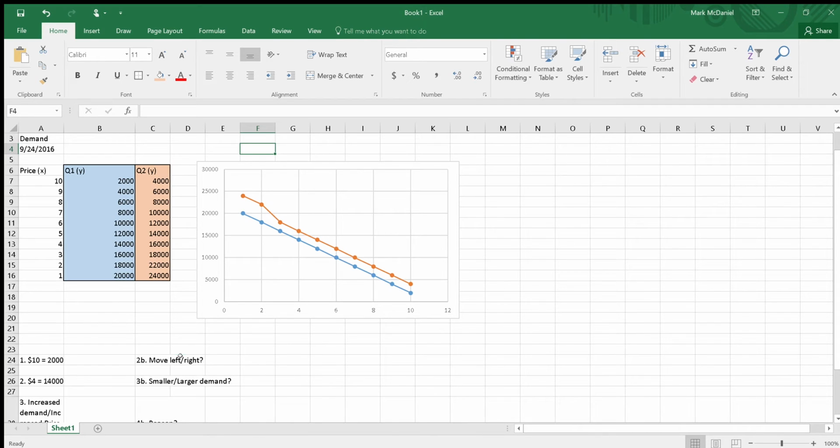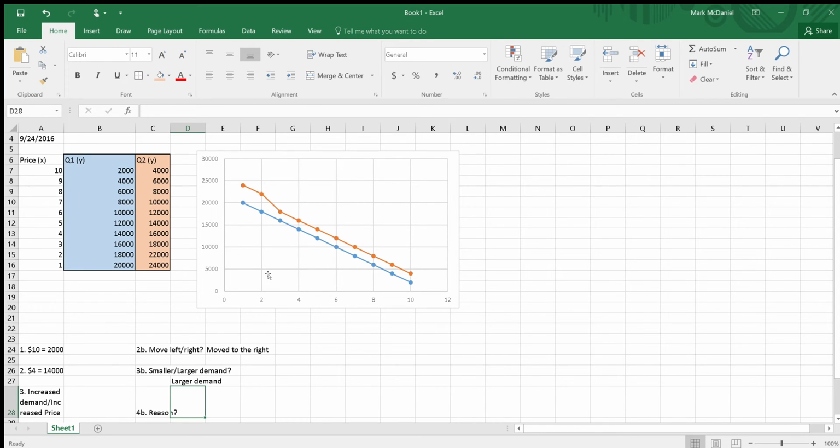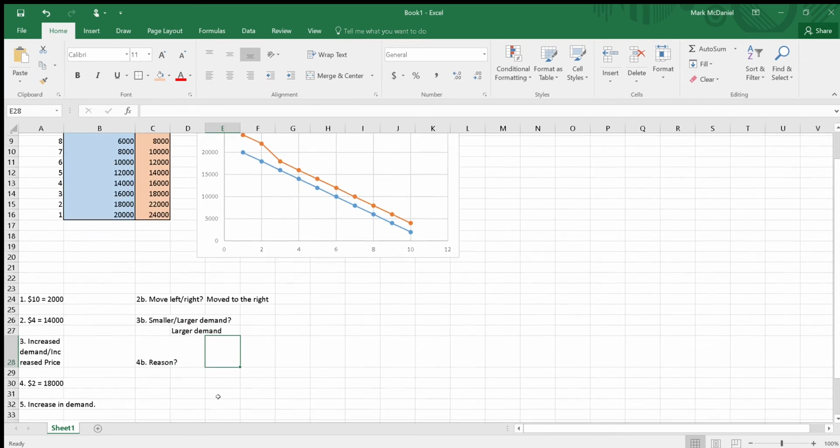So it asks if the graph moved to the left or the right, and we can see going from blue to orange, it moved to the right. And then it asked if there was a smaller or larger demand, and we can see that the demand numbers obviously increased, so we can say that there is a larger demand. And it asks the reason.